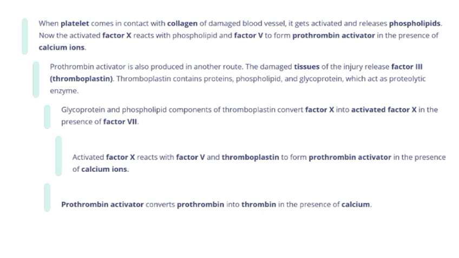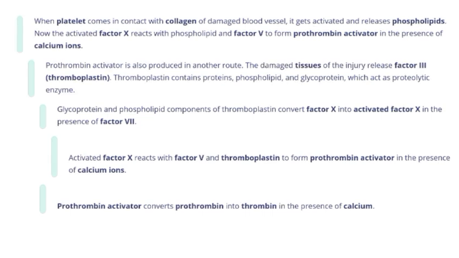Thromboplastin contains protein, phospholipids, and glycoprotein, which act as the proteolytic enzyme. Glycoprotein and phospholipid components of thromboplastin convert factor 10 into activated factor 10 in the presence of factor 7. Activated factor 10 reacts with factor 5 and thromboplastin to form prothrombin activator in the presence of calcium ions.